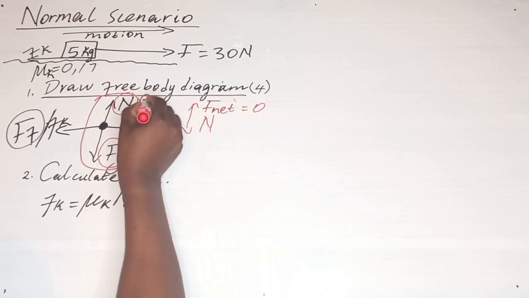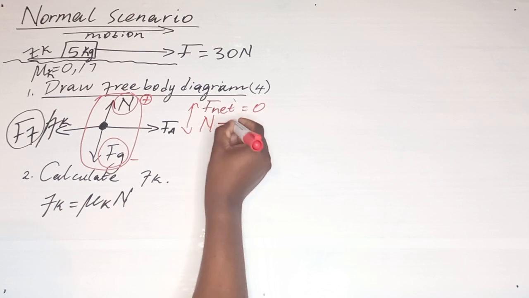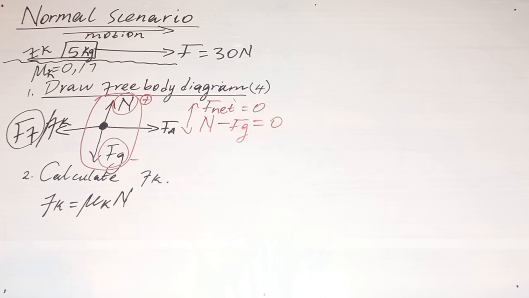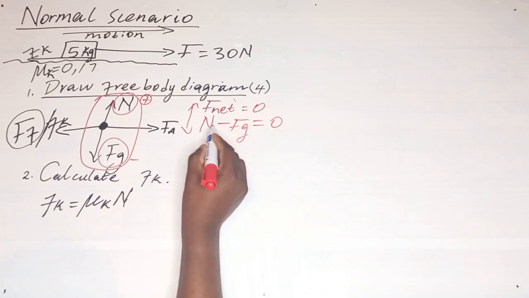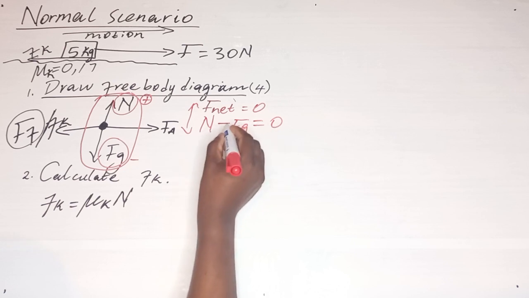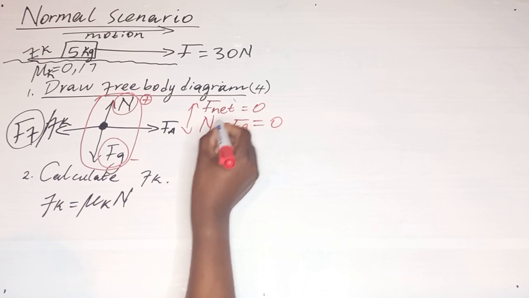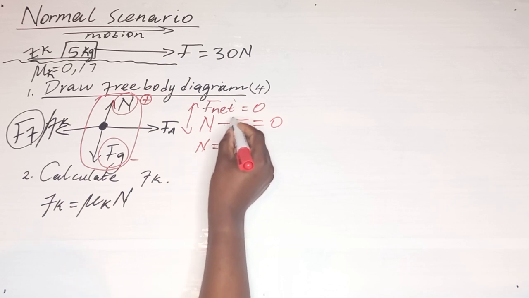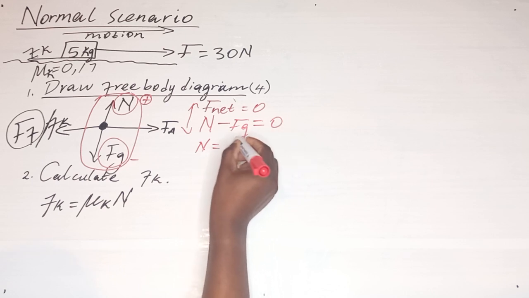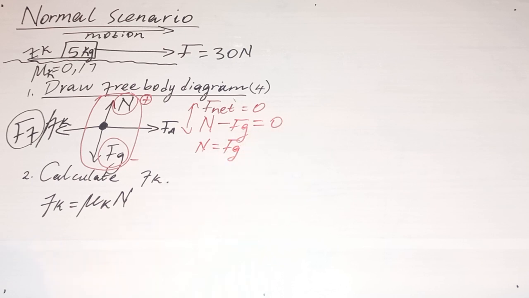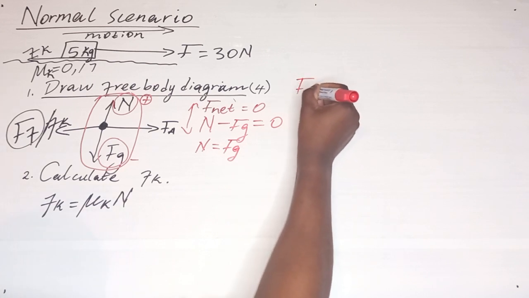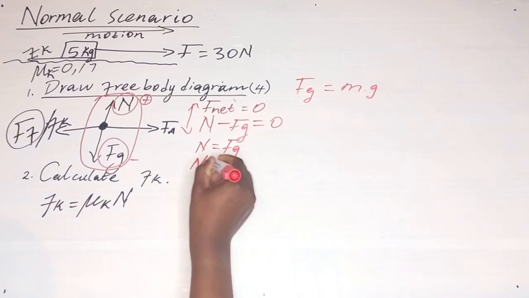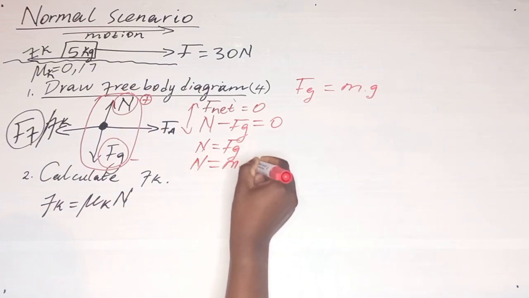We always start with a positive force, minus Fg, which is equal to 0, right? And then we shall make N the subject of the formula. It simply means we're going to transpose this negative Fg. When it goes to the other side, it's going to be positive Fg. And then we know for a fact that Fg is equal to m times g. So it simply means we can say N is equal to m times g.